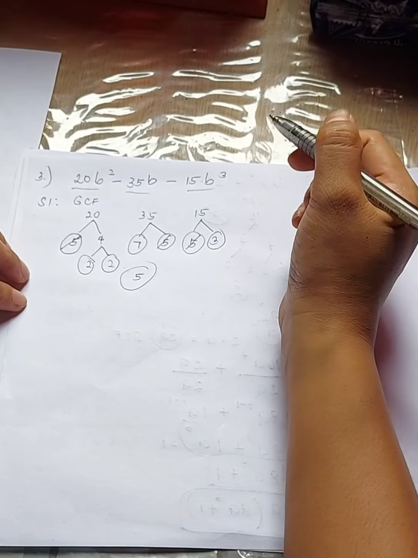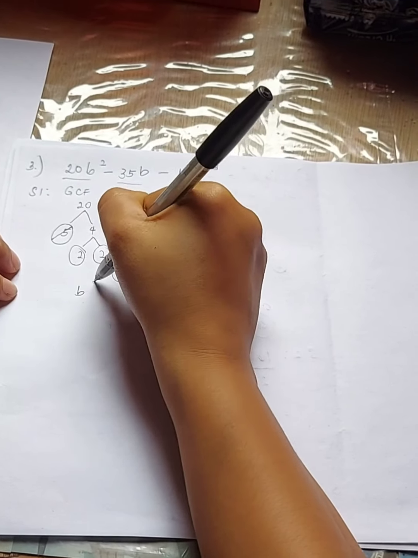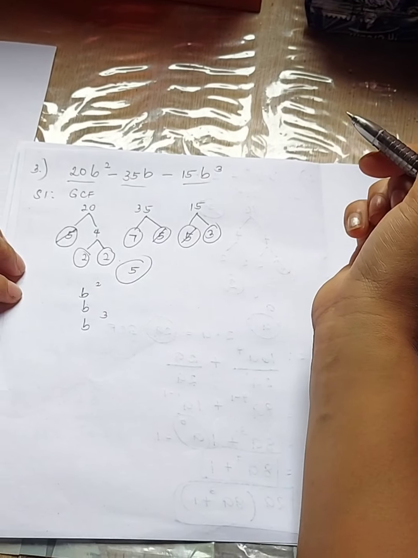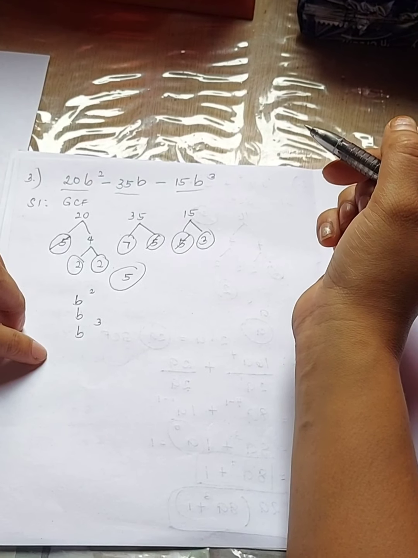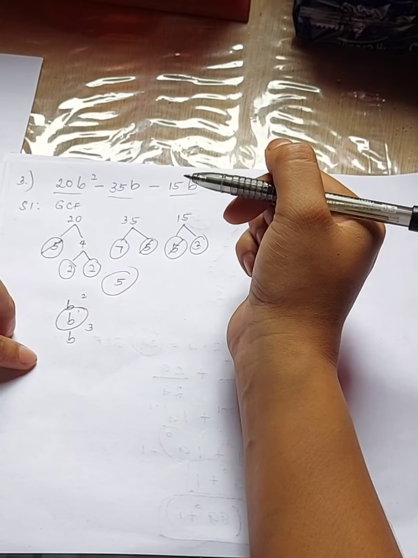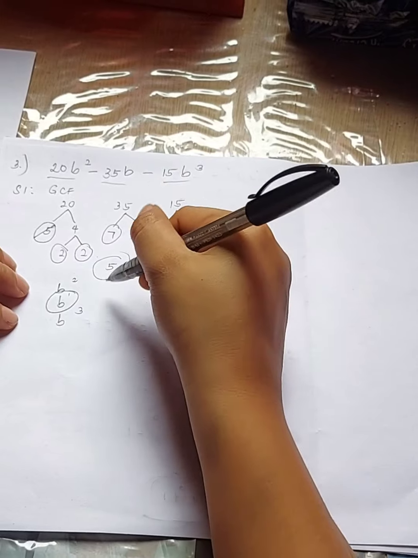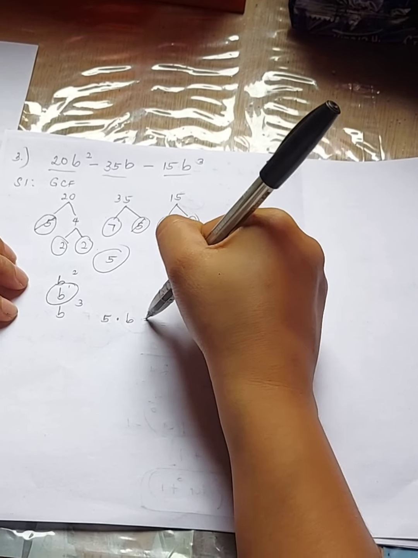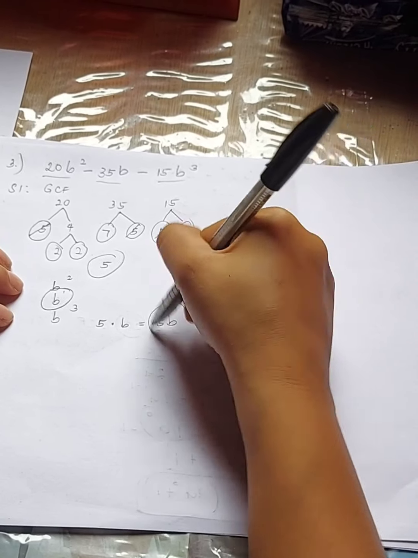How about for the literal coefficient? We have b squared, b cubed. They have the same variable and the smallest exponent is 1. So this is the common factor. In order to find the GCF, multiply 5 and b. So that would be 5b.